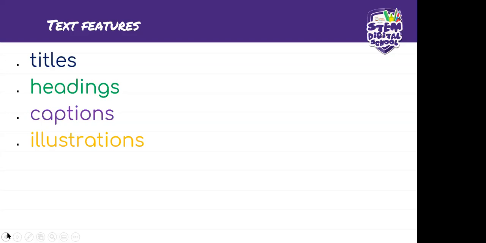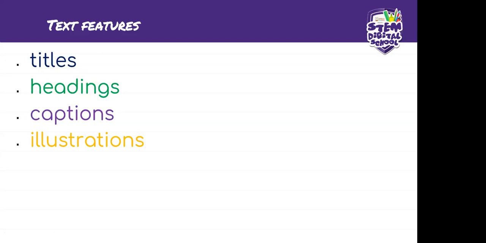So in our lesson, we will be looking at these features of a text. So text features. You realize that your textbook or your study guide has titles, headings, captions, as well as illustrations.